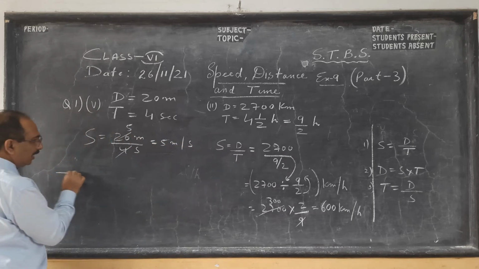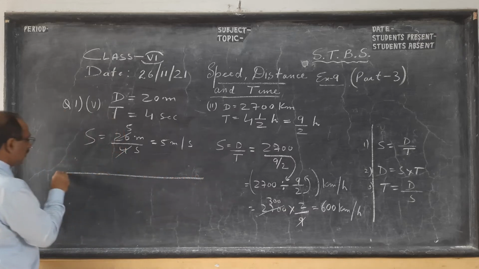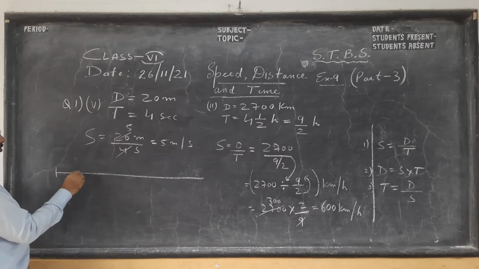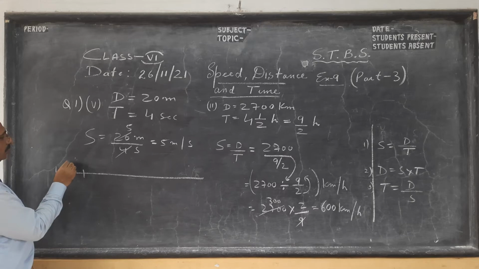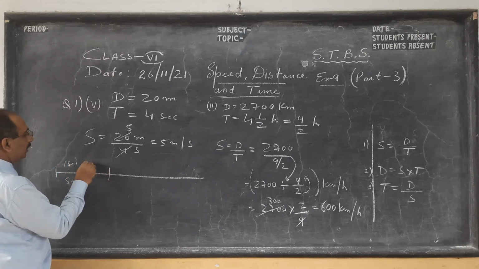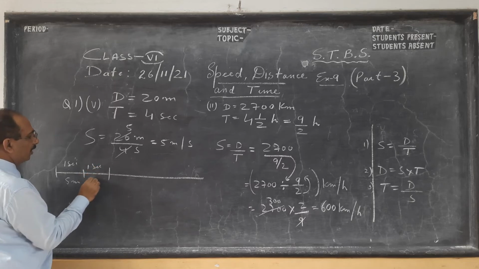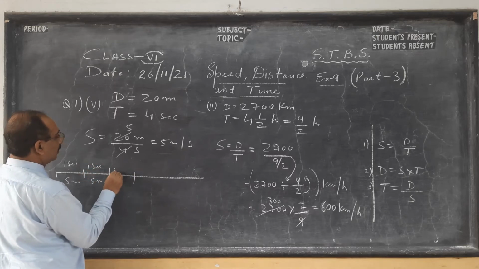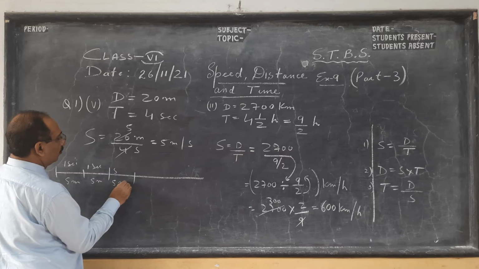If you draw a line diagram, which generally I explain in a lot of questions on speed, distance, time: in 1 second, children, I go 5 meter, another second I go 5 meter, third second I go 5 meter.